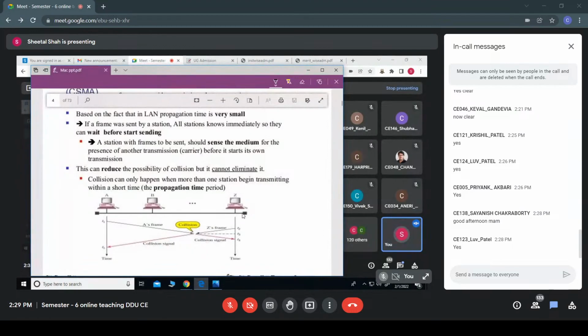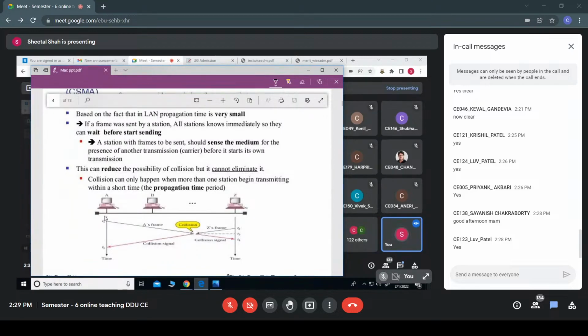So Z would assume that there is no packet, or the media is free, because that frame has not reached Z. So it can also start transmitting. Do you agree to this, all of you?